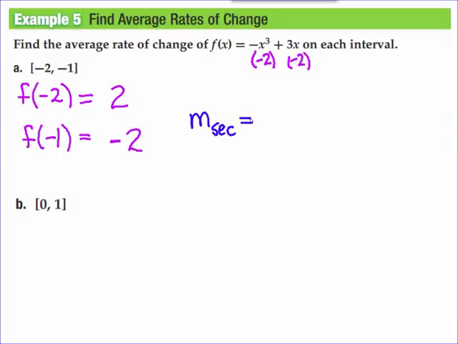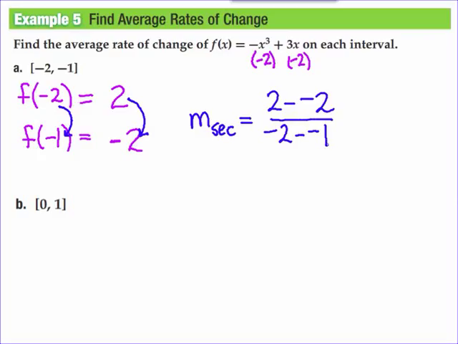I'm going to show you a little trick now. If you wrote it out this way, it's pretty easy. I'm going to take this number minus this number, and that's going to go on the top. It'll always be the numbers by themselves. So 2 minus negative 2 goes on the top. Now the numbers that go on the bottom are here in the parentheses. So negative 2 minus negative 1.